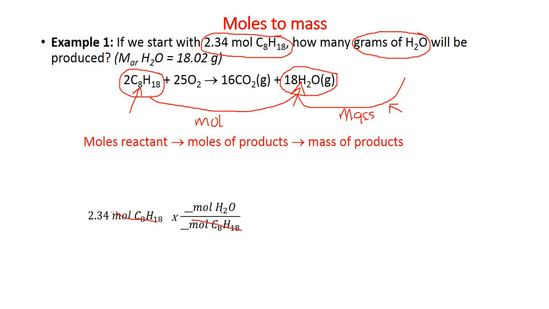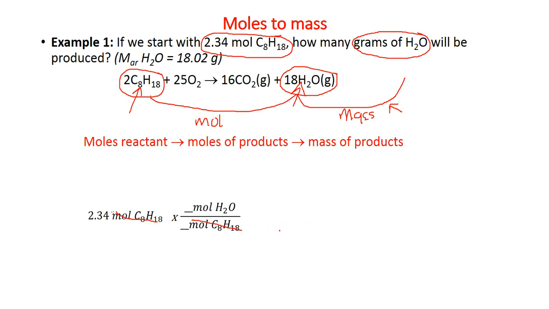What about the second one? So here I am just giving you the conversion without numbers. I will think about numbers later. What about the second conversion? So the second conversion should have water down here because you want to cancel the mole of water here. So I'm going to have the mole of water down here.